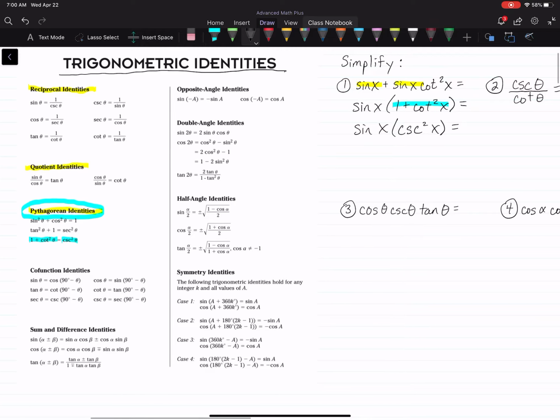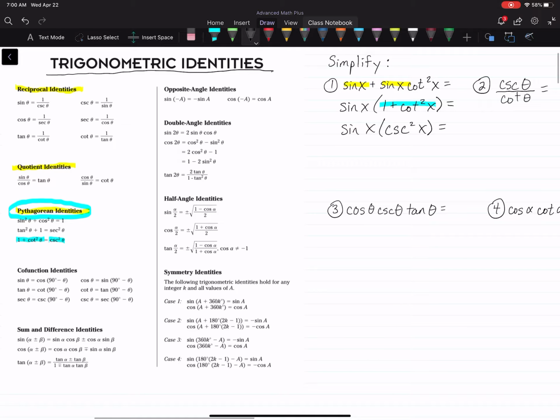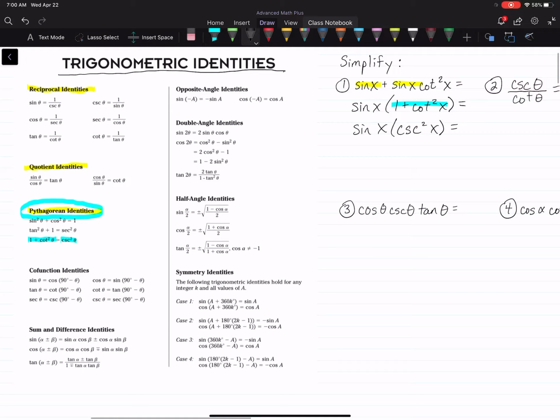Now I can change cosecant squared x to sine. Right here, sine of theta equals 1 over cosecant of theta. Theta and x are the same thing. It's just a variable. A lot of times in trig, if it is a Greek letter that you're using, that's just telling you it's an angle.